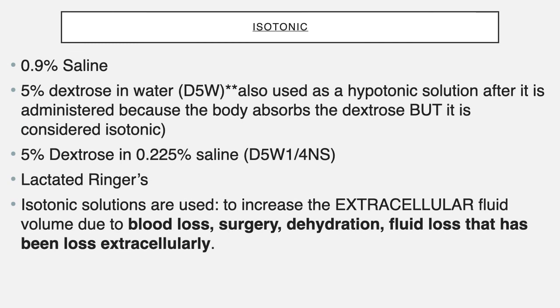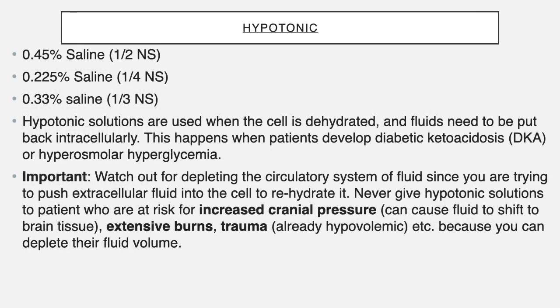In the hospital, again, you're going to see normal saline given quite frequently, or D5. These are the most common two isotonic solutions that we give. Occasionally, we do give some hypotonic solutions, and most of the time that's going to be your half normal saline.